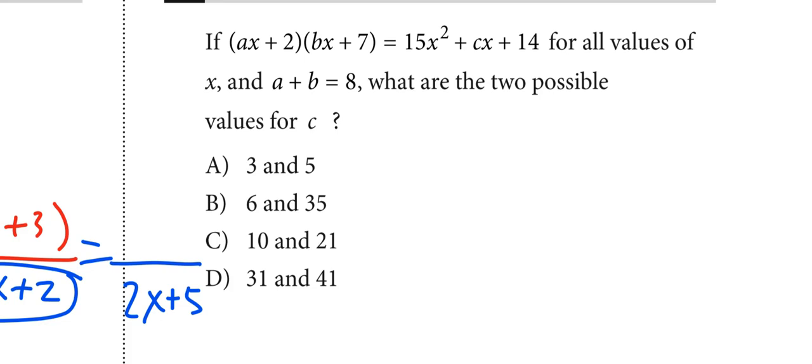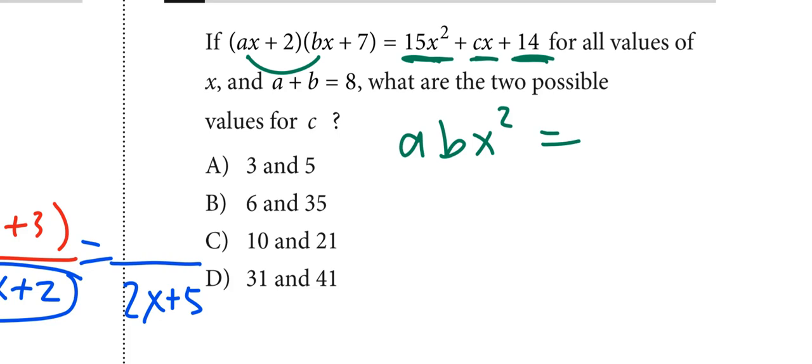In the FOIL process, when you multiply these two together, which one of the terms over here do you get? When you multiply ax times bx, by the way, that's abx squared, which one of these terms do you get over on the right side? 15x squared. You get the firsts.